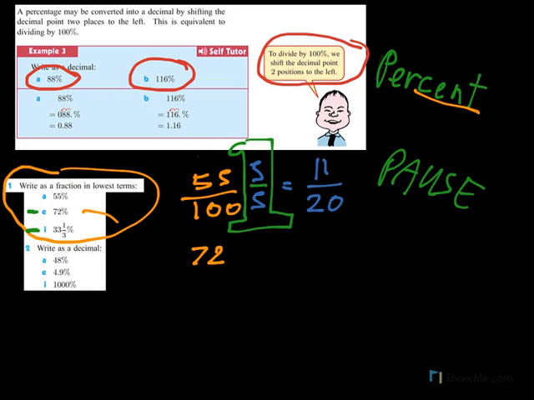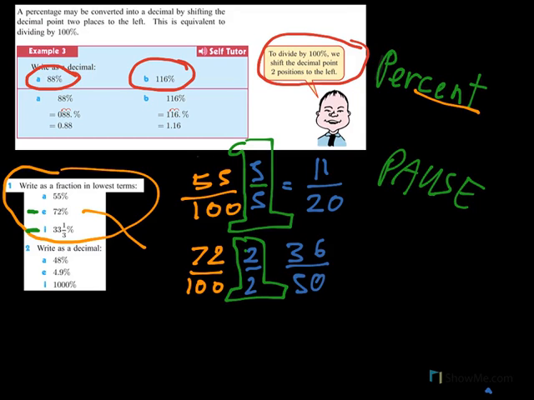72% is the same as 72 over 100. Now, what number goes into both 72 and 100? Well, I don't know right now, but I'm just going to say, I know 2 goes into both because they're both even. 2 goes into 72 36 times. 2 goes into 100 50 times. Now we know that 2 goes into both 36 and 50.